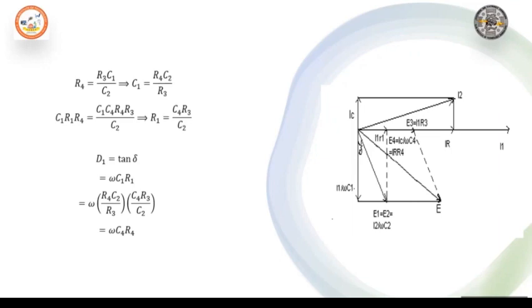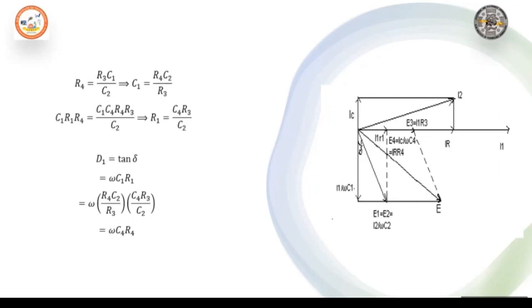One thing you keep in your mind, students: the quality factor Q is equal to X by R, which is equal to 1 by omega C R. Hence, dissipation factor is the reciprocal of quality factor Q and gives information about the quality of the capacitor.